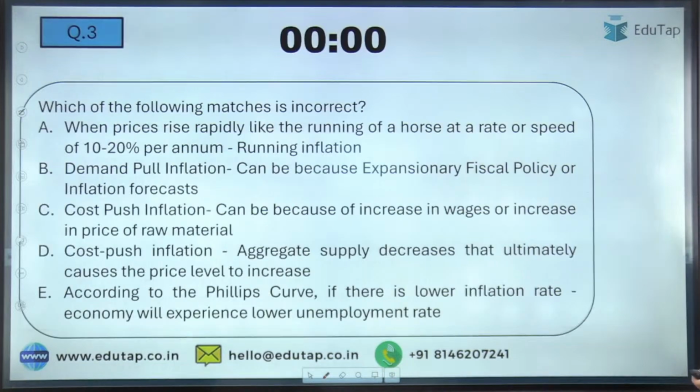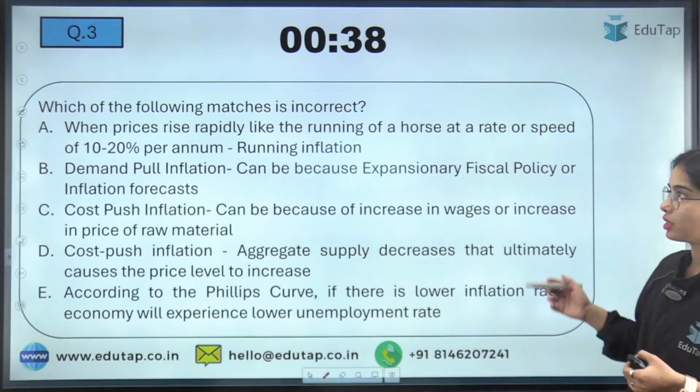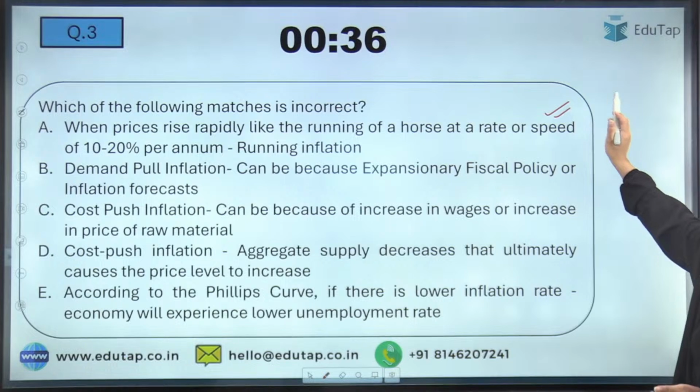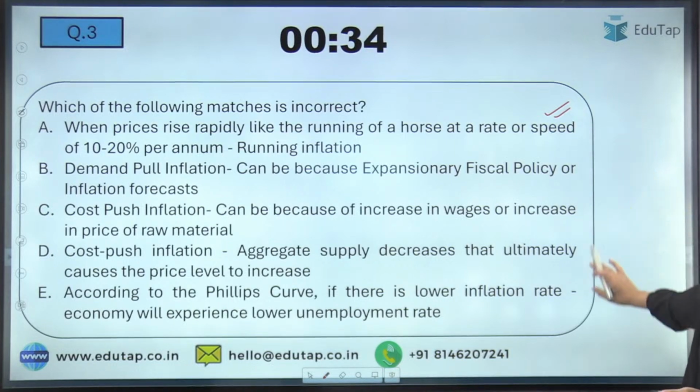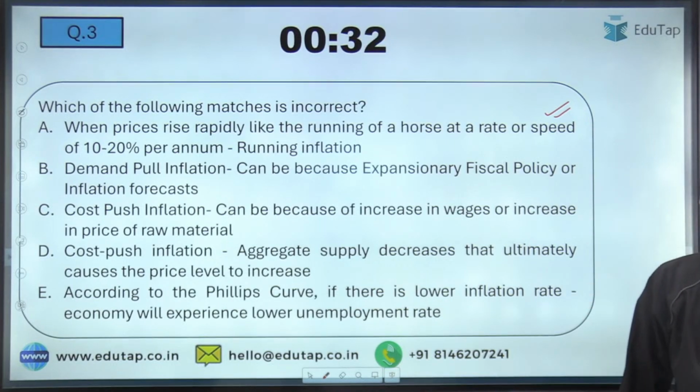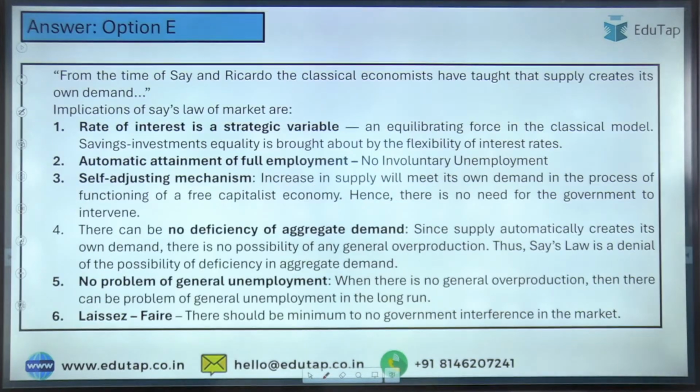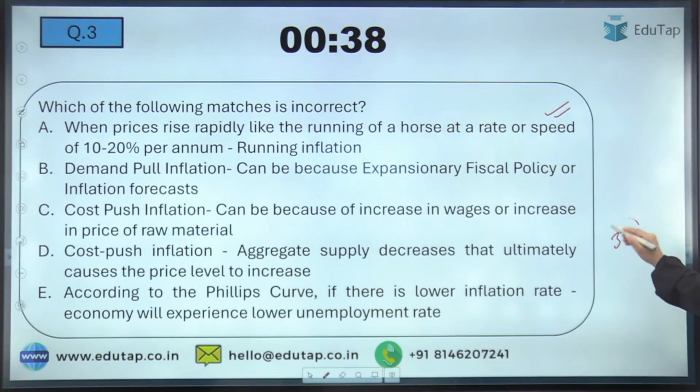Okay, now let's move to the next question. Now you have to match the following correctly. This is your 37th question. Try to answer this question.